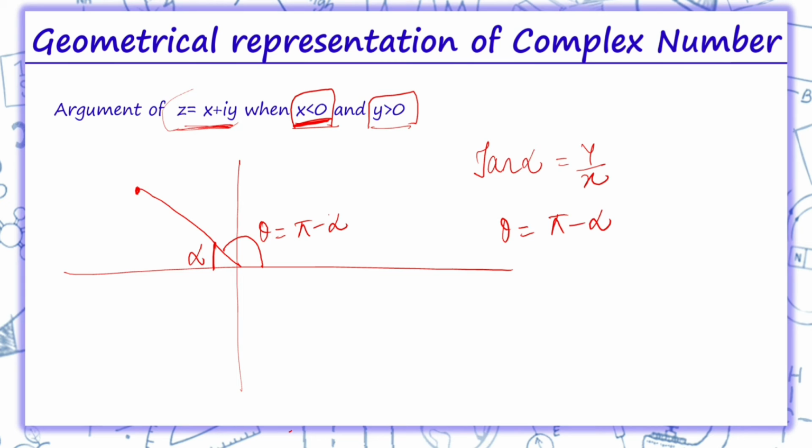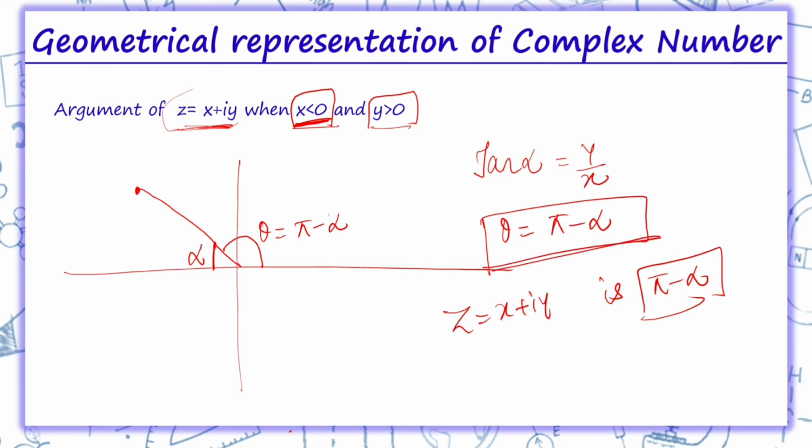Pi minus alpha. Thus if x is smaller than 0 and y is greater than 0, the argument of z equal to x plus iy will be pi minus alpha, that is, the value of theta will be pi minus alpha.